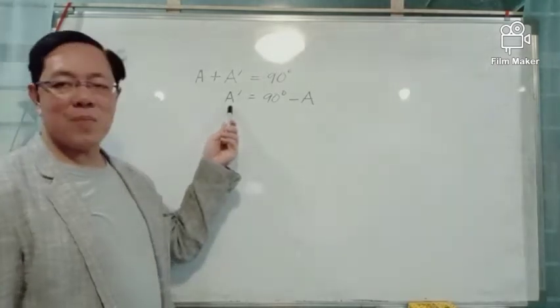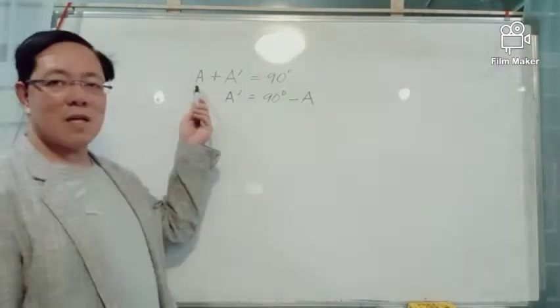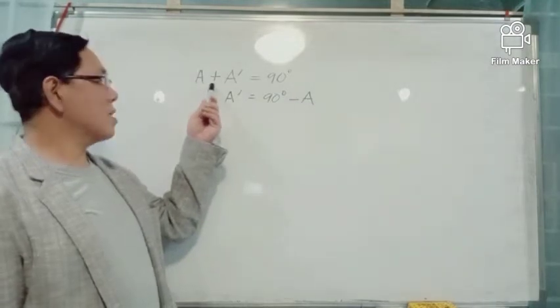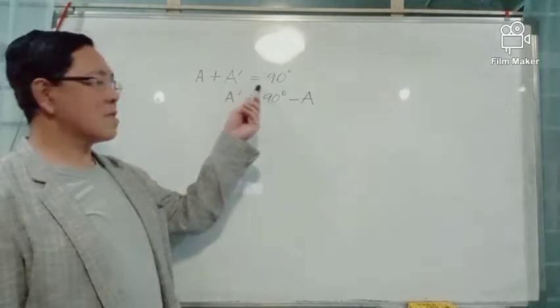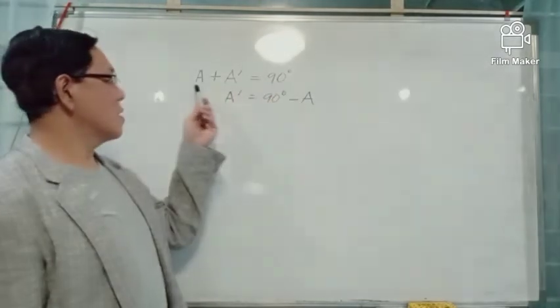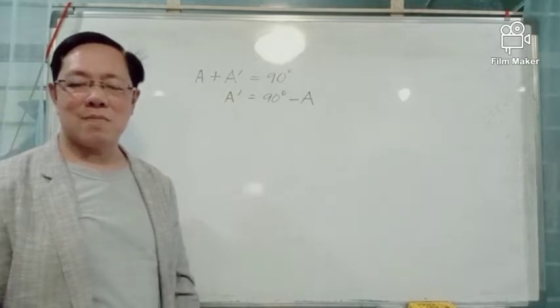And the complement of A is denoted by A prime. And you can check by adding A and its complement A prime, the sum should be 90 degrees if A and A prime are complementary angles.